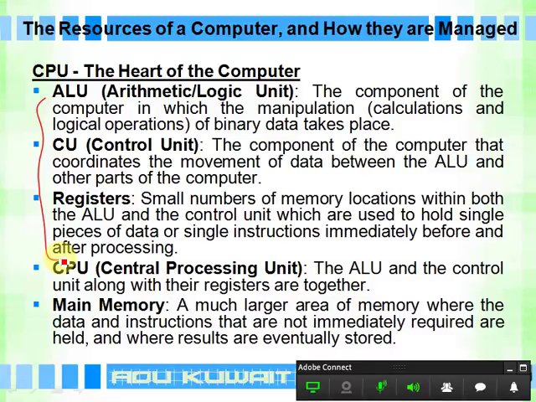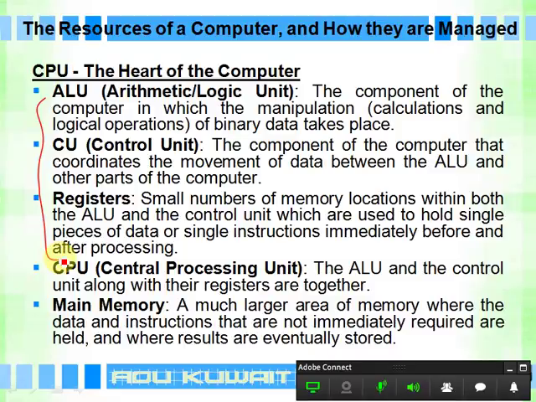The ALU takes a number from the register, does the processing, and then takes the next number from the register. So a register is very fast, faster than the RAM. Registers are a small number of memory locations used with both the ALU and the control unit to hold a single piece of data or a single instruction immediately before and after processing.